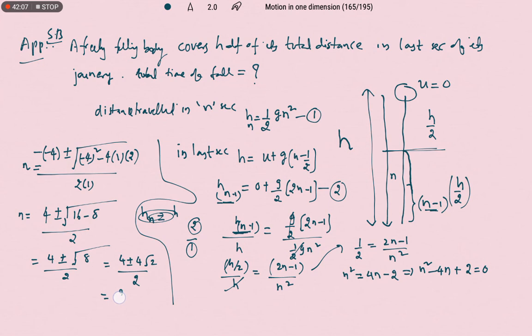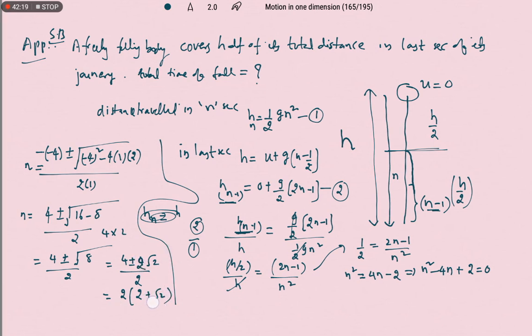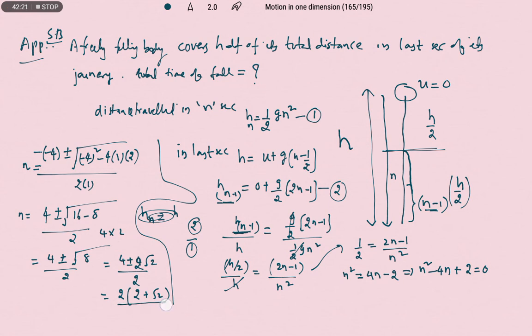So 2 we can take common outside, so 2 comes out, and 2 plus root 2 by 2. 2 gets cancelled. Therefore 2 plus root 2 seconds is the time for the journey.